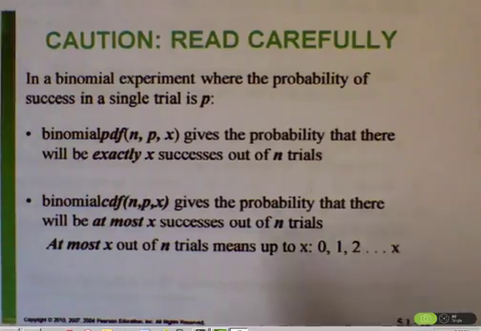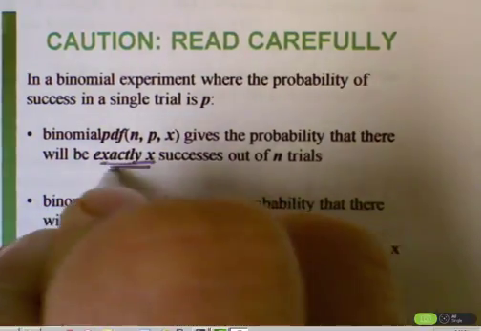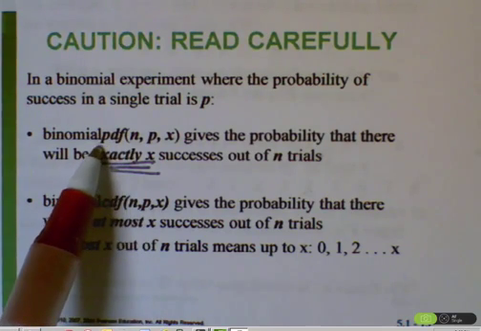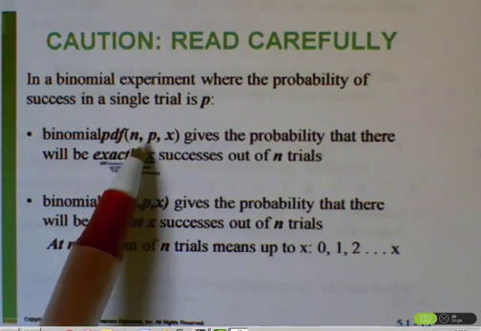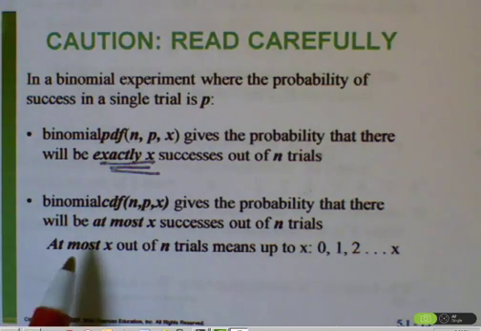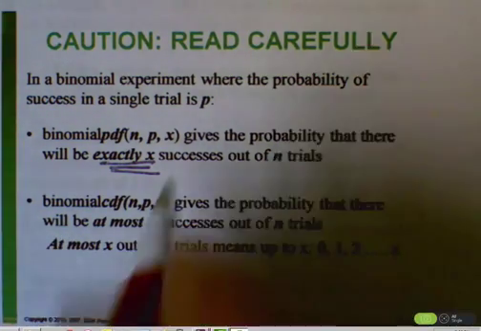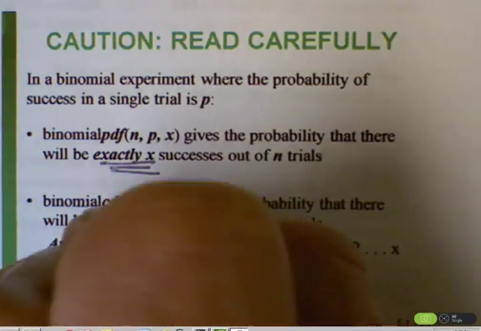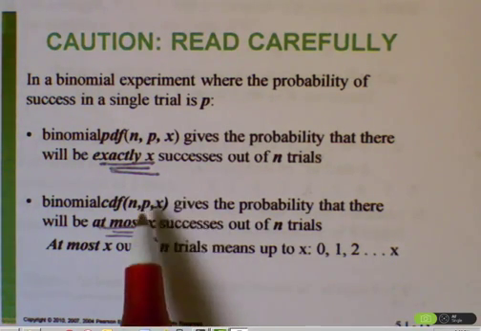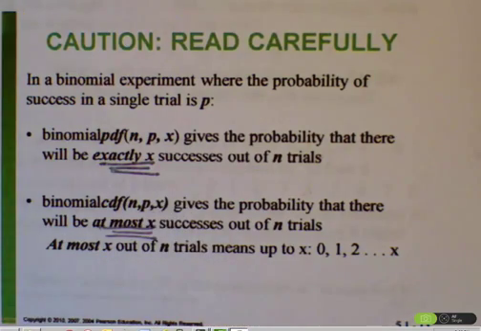When I want the probability of exactly X successes, I use binomial PDF and enter the arguments N and P and X in that order. Binomial CDF gives me the probability that there are at most X successes. That adds up all the probabilities from 0 to whatever X value I enter at the end of the arguments.